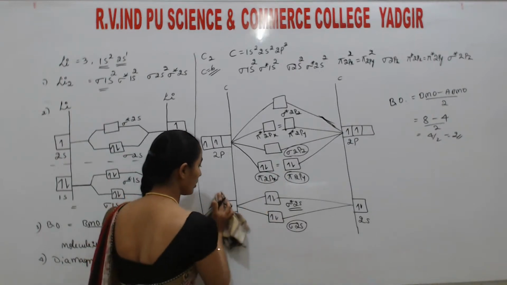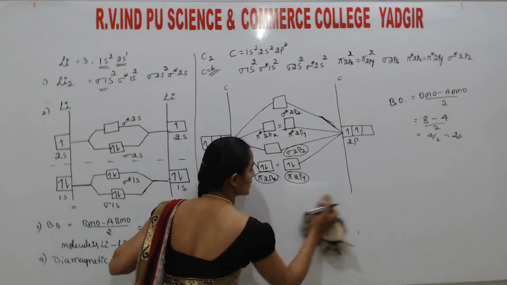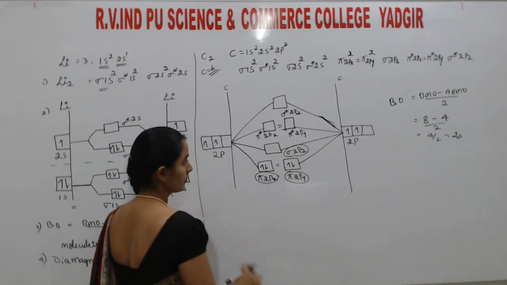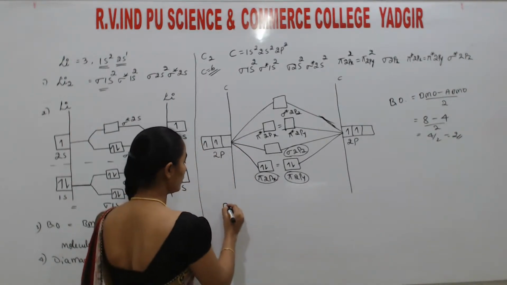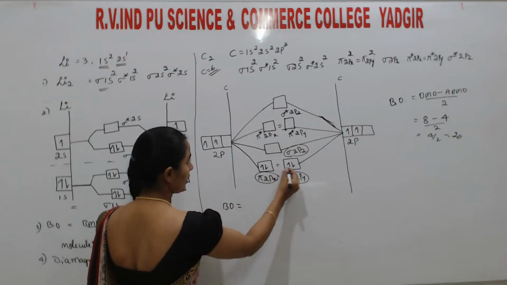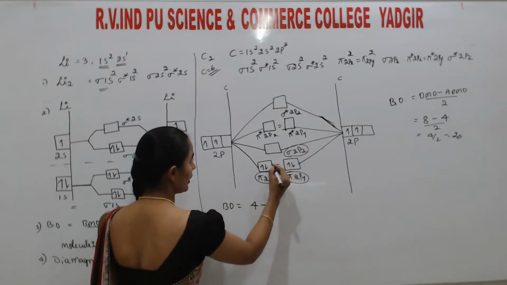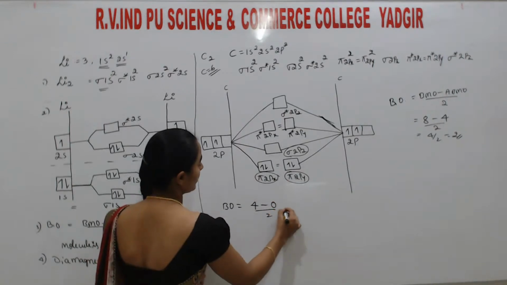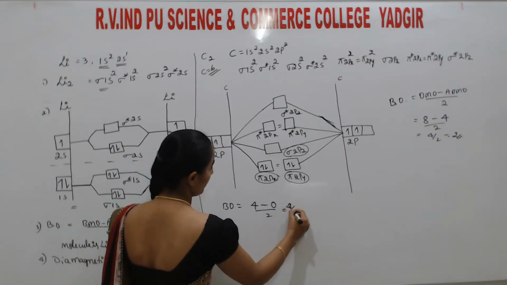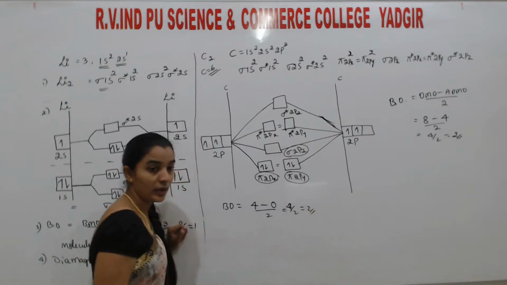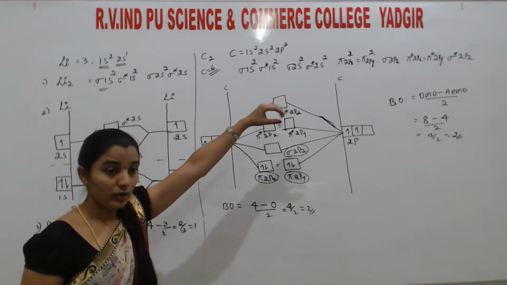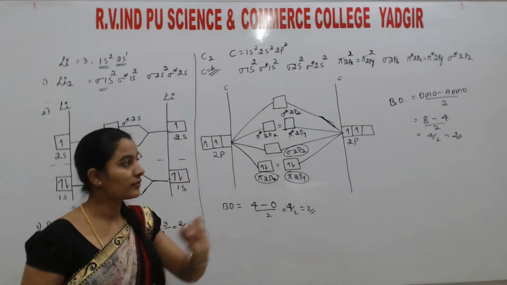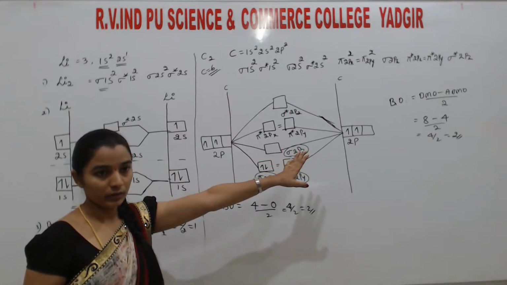If you are not considering this, then calculate the bond order here. Number of electrons in bonding is 4, anti-bonding is 0, so 4 by 2 means 2. Means the valence shell, the last orbital itself gives the correct bond order.